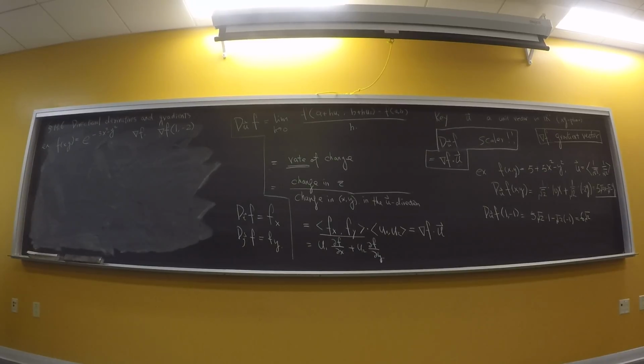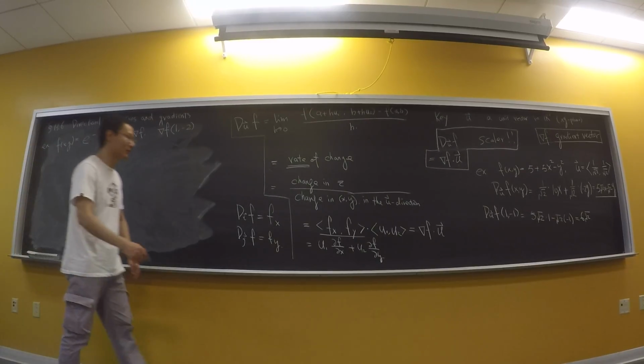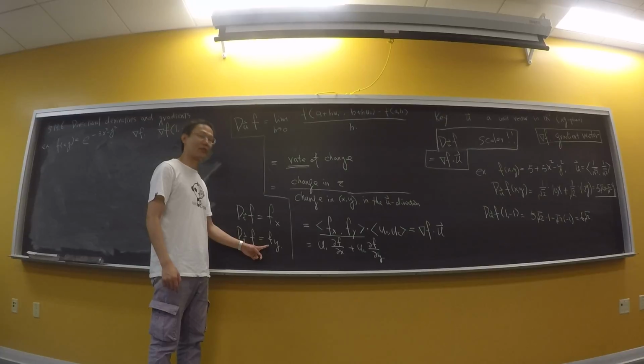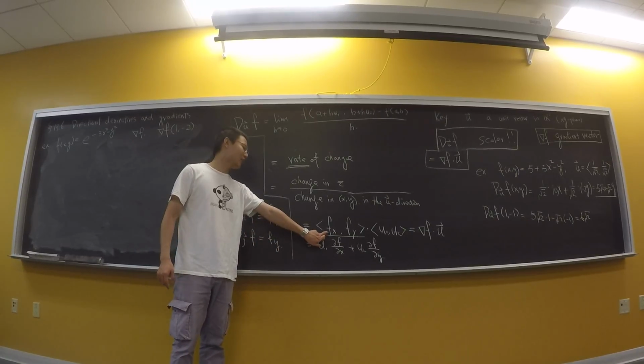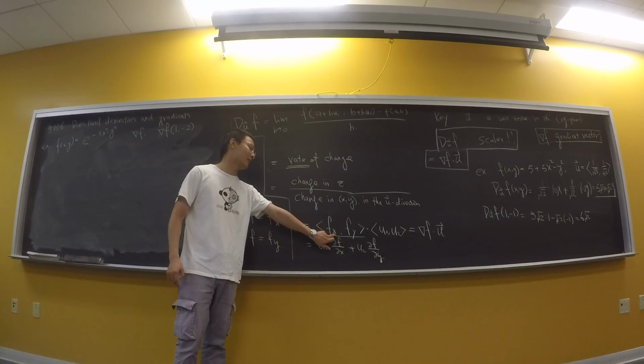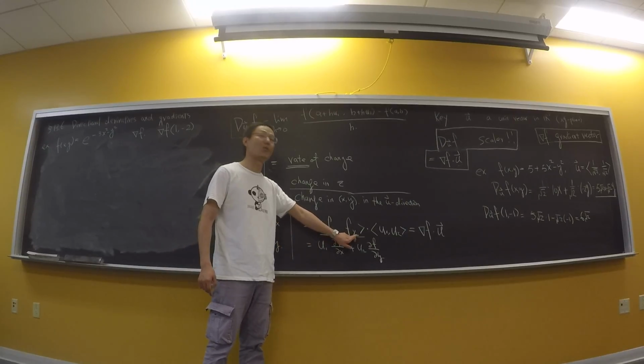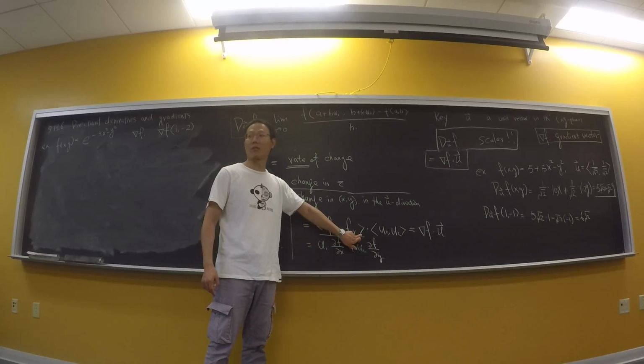So computing the gradient vector is nothing but computing the partial derivatives, right? Because the only difference between the gradient vector and the partial derivatives is that these are scalar-valued functions. You put the x component as f sub x, the y component as f sub y, and you're getting your required vector, right?